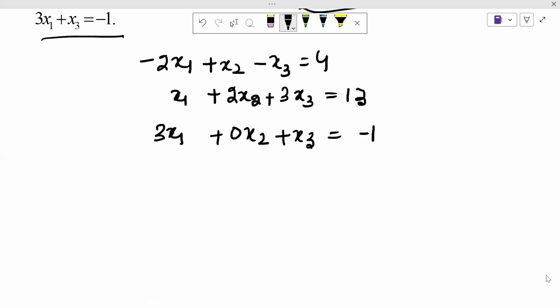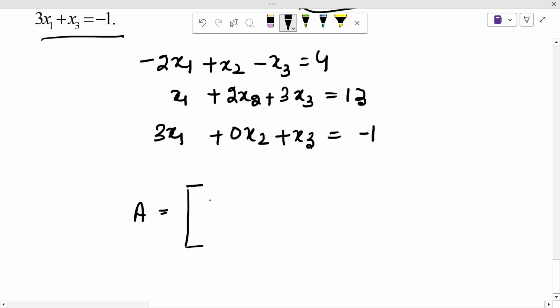One determinant matrix we create here: the coefficients of x1 are -2, 1, and 3.